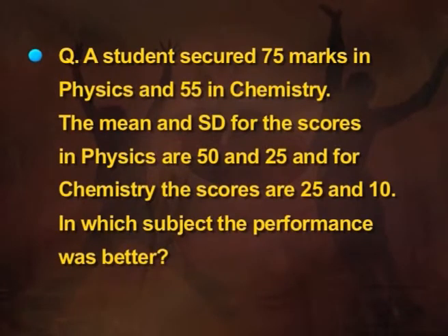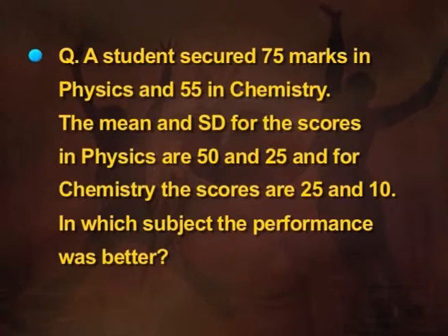Further, we can incorporate the formula into the following problem. As we can see from the slide, a student secured 75 marks in physics and 55 marks in chemistry. The mean and SD for the score in physics are 50 and 25 respectively, and for chemistry the values are 25 and 10 respectively.